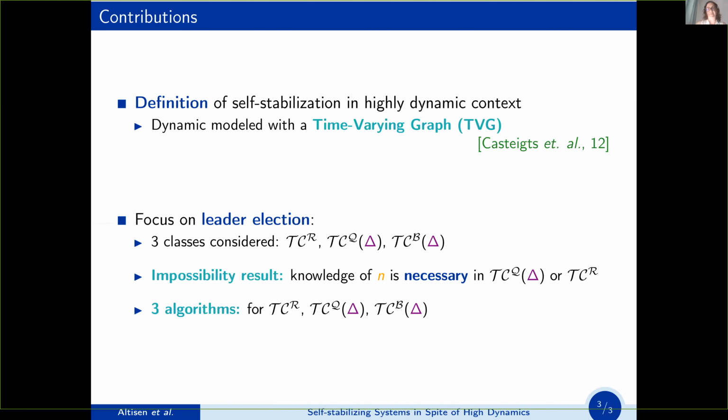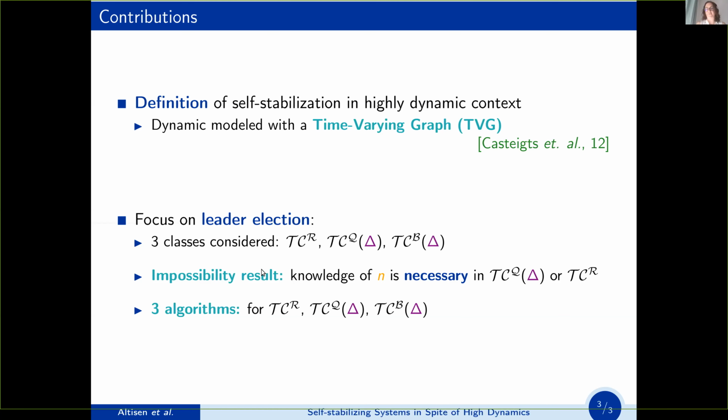All the edges may not exist at all times. For example, class TCR is a class where every process can send a message to any other, but we don't have any time bound on how long it will take to reach the other process.